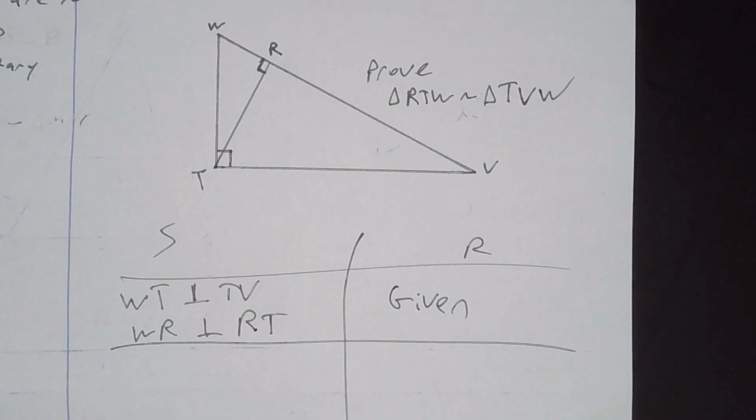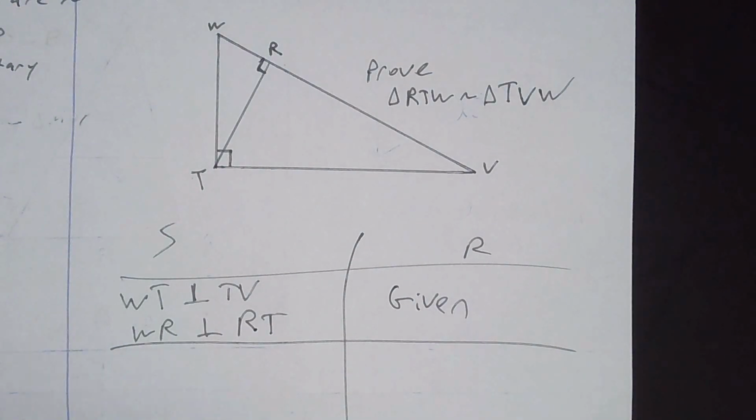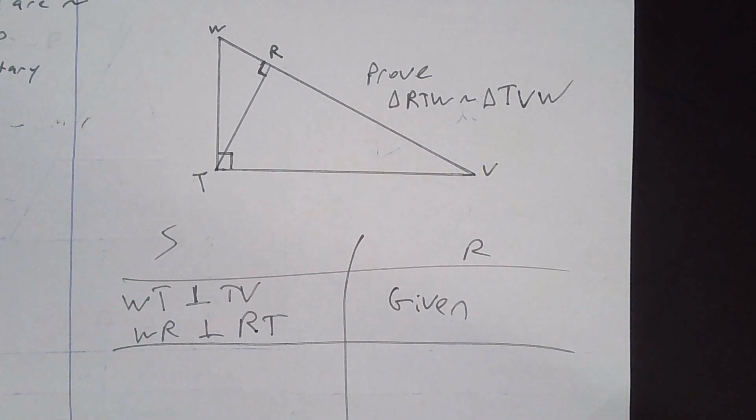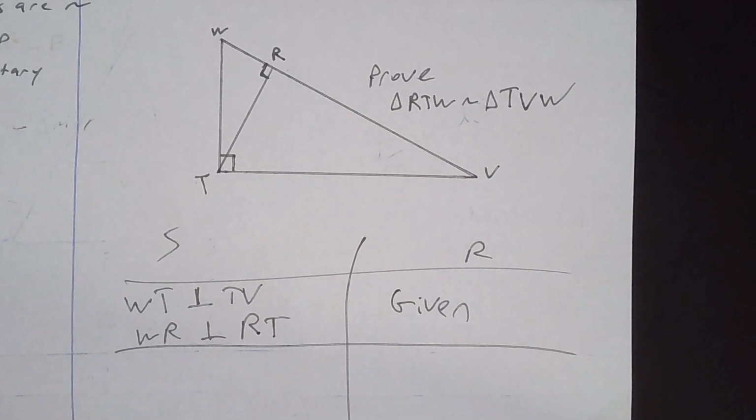All right. So what do we go from here? What are we going to try to work toward? Do they share any common angles? Maybe. Let's see if we can work toward that.